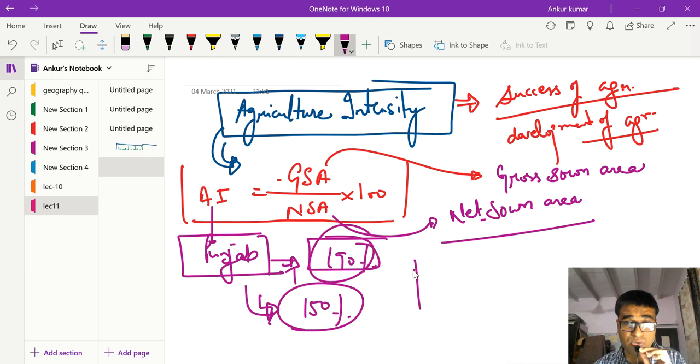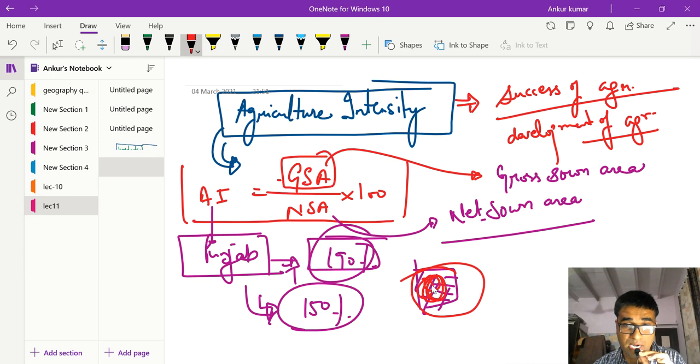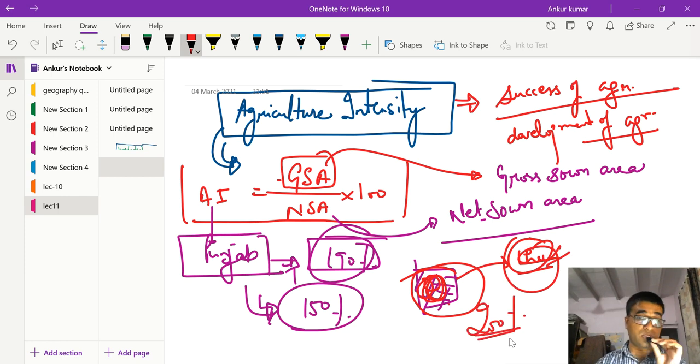That means a piece of land in Punjab is cultivated twice a year. So the gross sown area is 2 times the net sown area. Net sown area is the same, that is 1 hectare, but this 1 hectare is used twice a year. That means the agriculture intensity becomes close to 200. So this is the definition, and this is how the agriculture intensity varies.